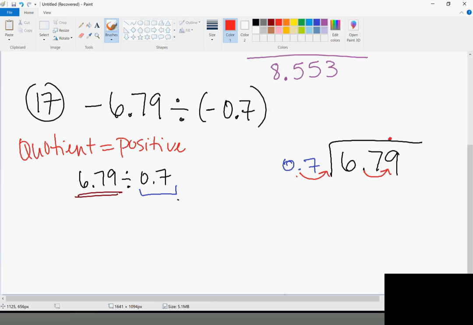So now it's time to do our long division. So you say 7, and I can rewrite it if you want. We have 7 divided by 67.9, decimals here.